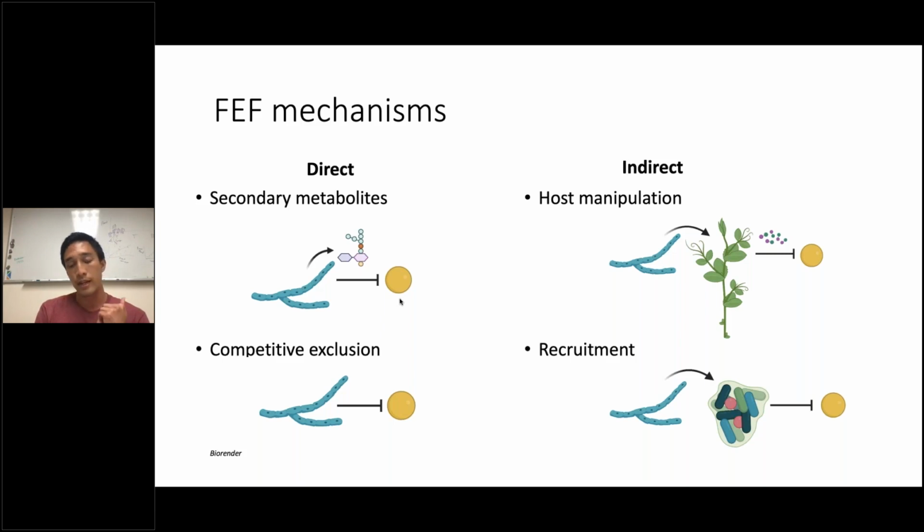Then there are more complicated ways of pathogen inhibition, which is host manipulation through genetic cascades or something like that. Also, these FEF don't just exist by themselves. They can also recruit other beneficial microbes that help out with inhibiting the pathogen.